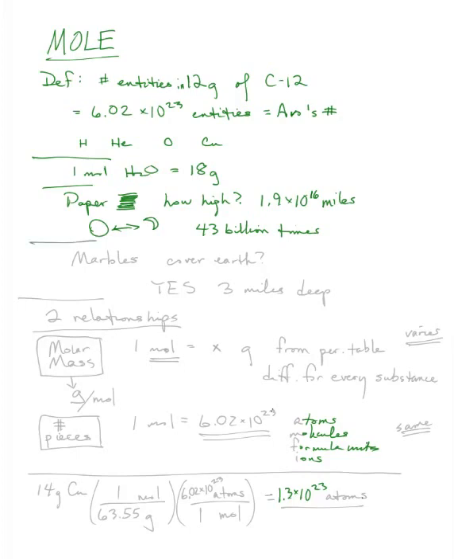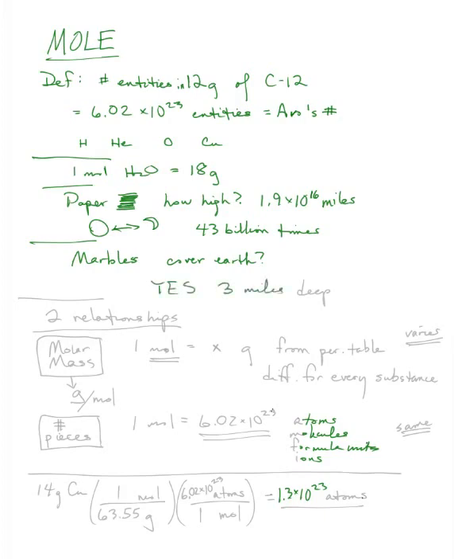Let's think about marbles. If we have Avogadro's number of marbles, would it cover the Earth? I mean, the Earth is a pretty big place. There's a lot of surface area on the Earth. It's hard for me to even imagine how big the Earth is when you look around. So if atoms were as big as marbles, would they cover the surface? Yes, they would. 3 miles deep.